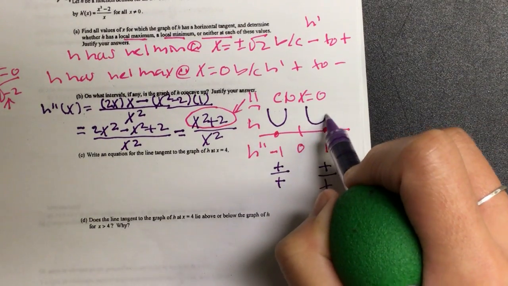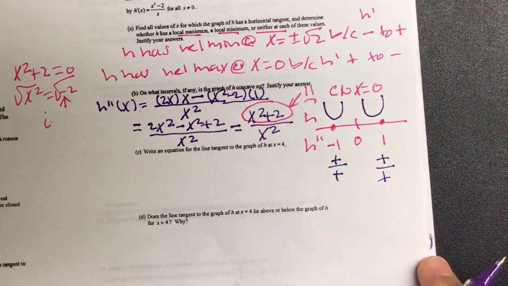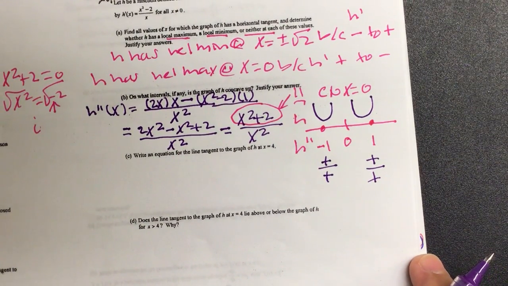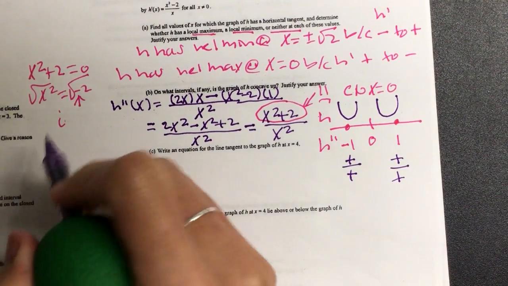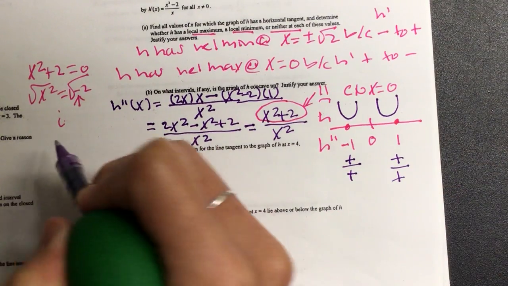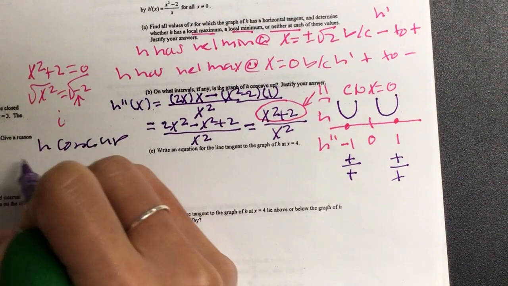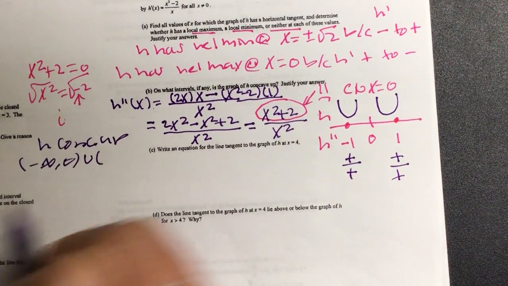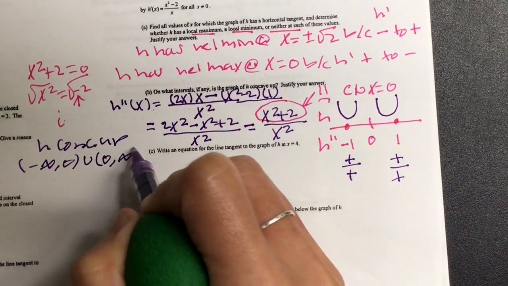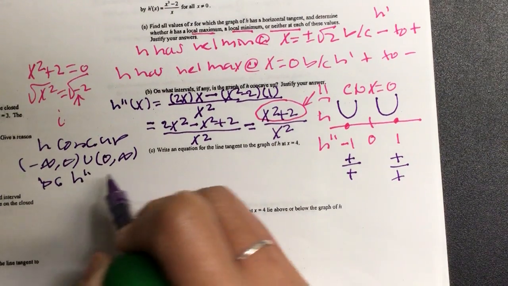It's also concave up. So do I have a point of inflection? No, there's no point of inflection because concavity has to change. So it says, at what intervals is it concave up? On both of them. So here's how we write it: h is concave up on the interval from negative infinity to 0, union 0 to infinity. And the reasoning is because h double prime is positive.